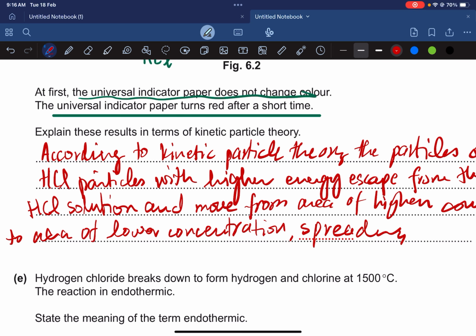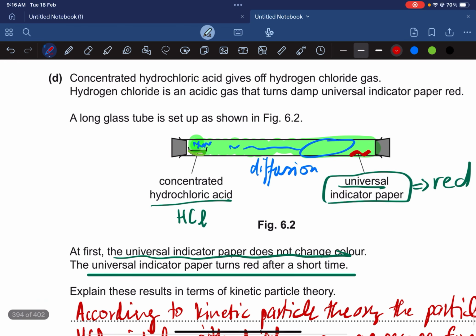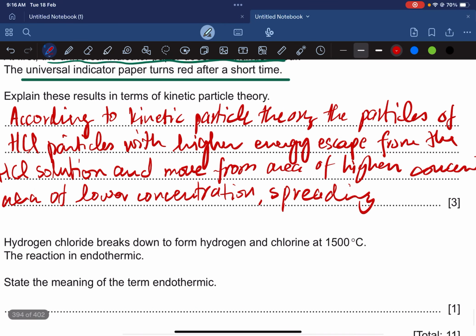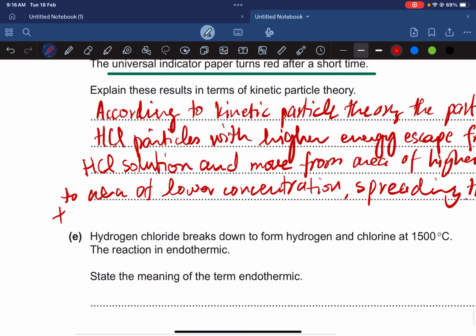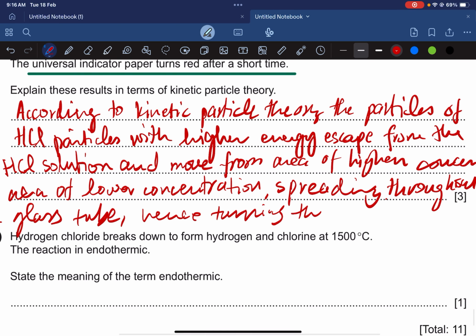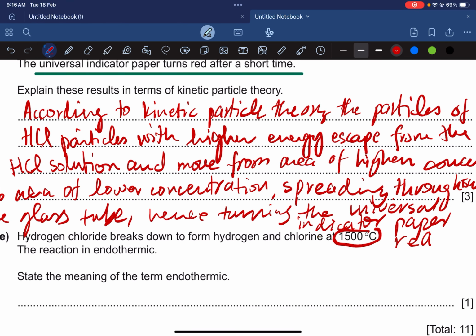What was this? Was this a test tube or whatever? Long glass tube. So spreading throughout the glass tube, hence turning the universal indicator paper red.